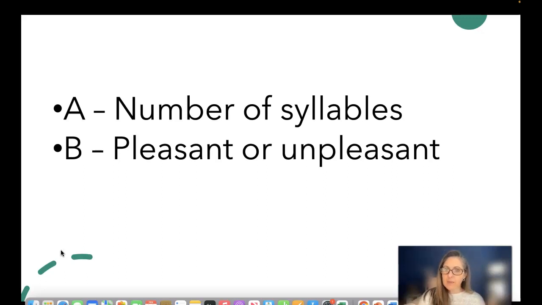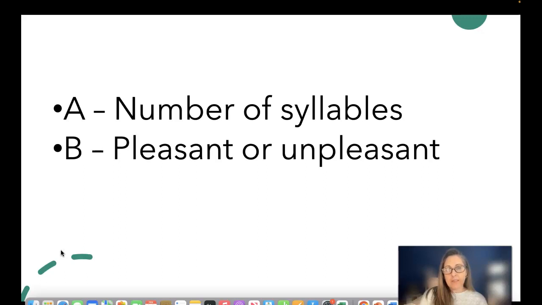Number 6, B, clock. Number 7, B, paint. Number 8, B, bureau. Number 9, A, bird. Number 10, A, lemon.